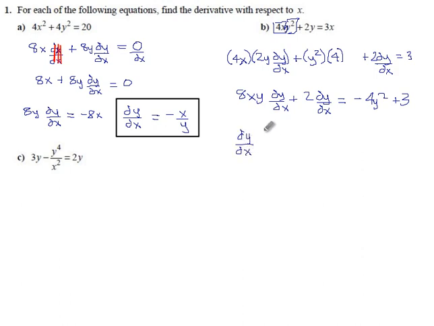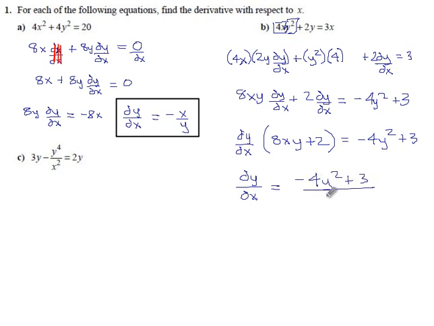Since they both contain dy/dx, it's a common factor. You can pull it out, and that leaves you with 8xy plus 2 equals. And now to isolate dy/dx, we divide both sides by 8xy plus 2. Minus 4y squared plus 3 divided by what was on the left-hand side. I don't see anything we could simplify about this, so that would be our finished derivative.